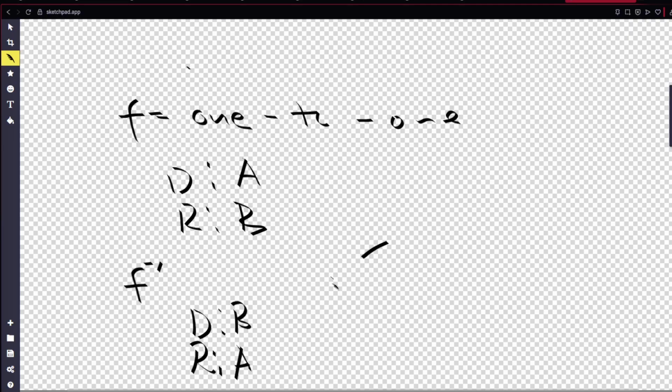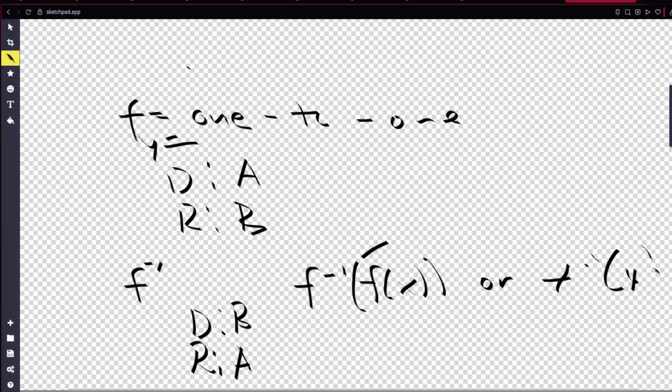In other words, f negative 1 of f of x, or f negative 1 of y, will always give us x, and vice versa.